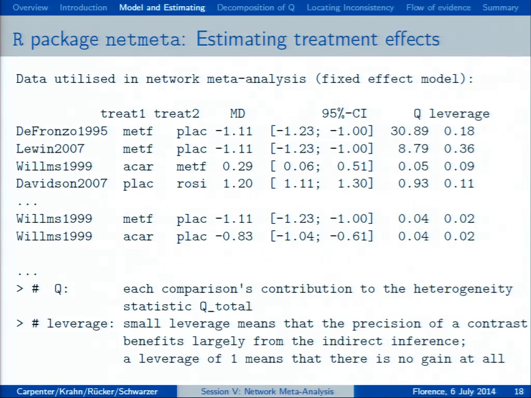And the last column shows the leverage of each study. We know the leverage from classical linear models, and similar here. Small leverage means that the precision of a contrast benefits largely from the indirect inferences in the network, and if we have a leverage of 1, this means that there is no gain at all from the remaining network.